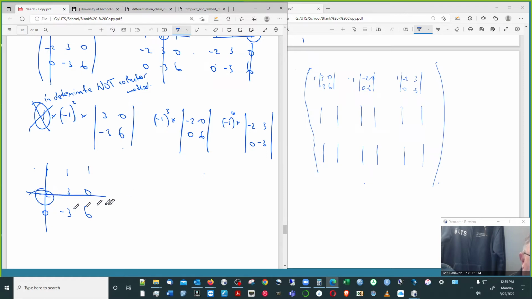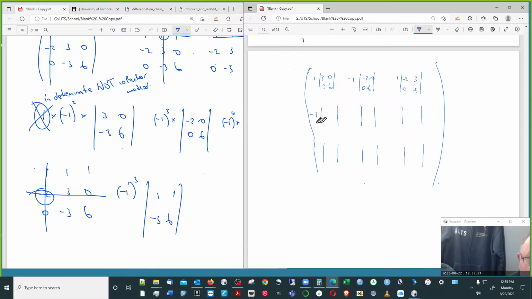But we're not including the minus 2 this time. We're just going to do minus 1, row 2, column 1, 2, 1 is 3. So that will be a minus, and the submatrix will be 1, 1, minus 3, 6. So this one here will be negative 1 because it's an odd. Then we'll have 1, 1, minus 3, 6.